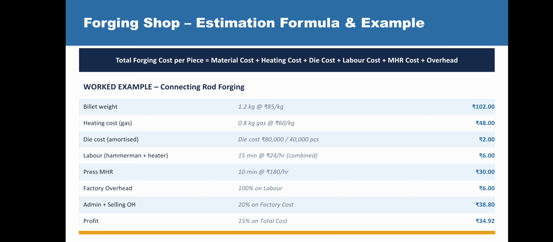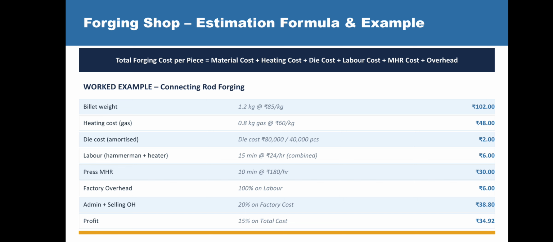A worked example is taking an automobile product, connecting rod forging, that has the different billet weight, heating cost, die cost, labor cost, plus MHR, factory overhead, administration overhead, plus selling overhead.